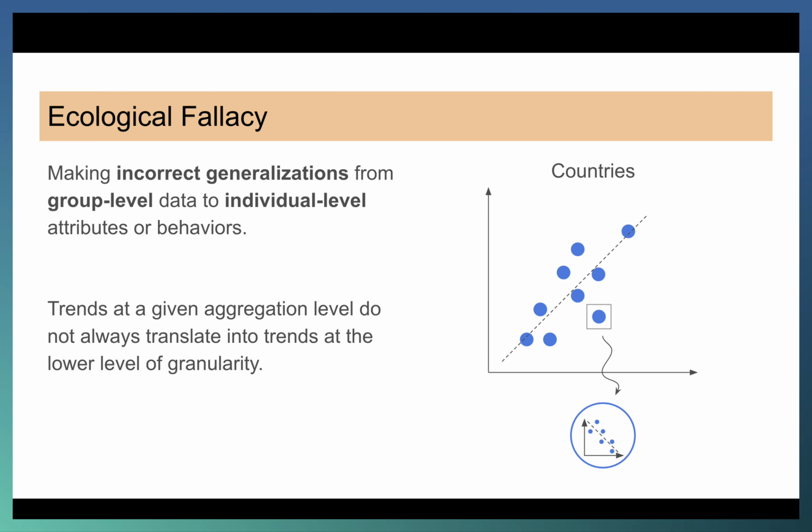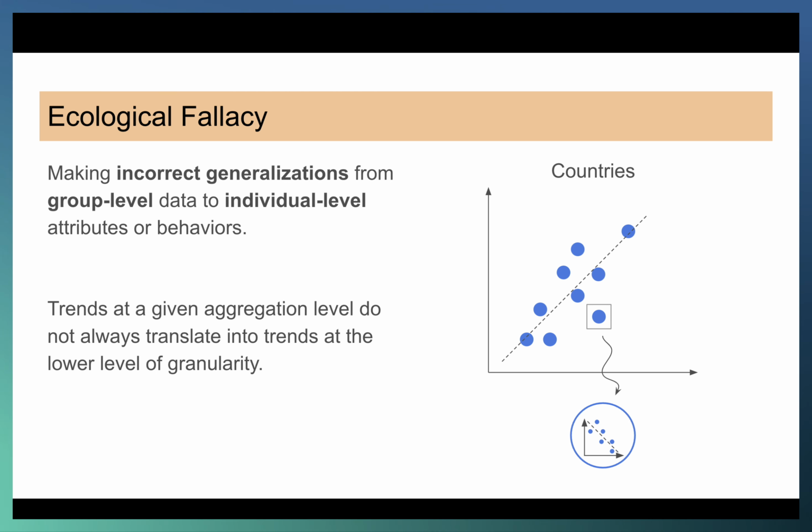Here I have a little mock-up on the right. For instance, if I have a correlation that is observed when the objects that we map in the visualization are at the level of countries, that same correlation may not hold when you look at the objects or the people or the events within each country.